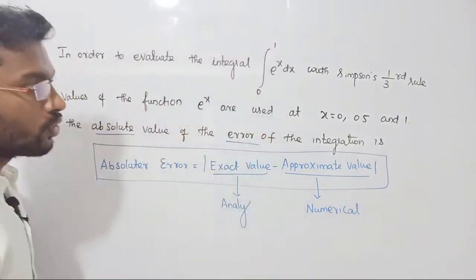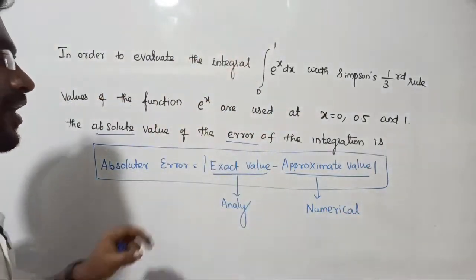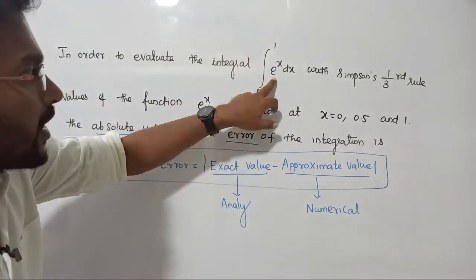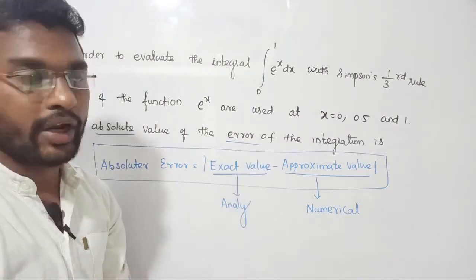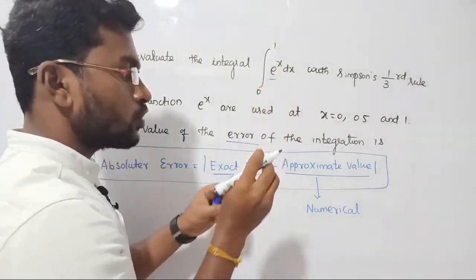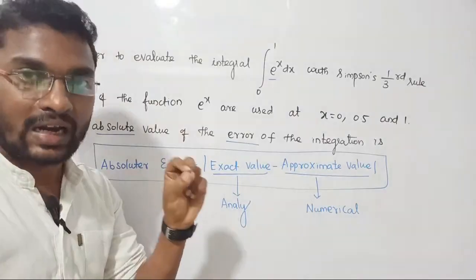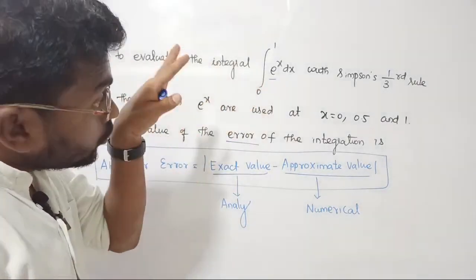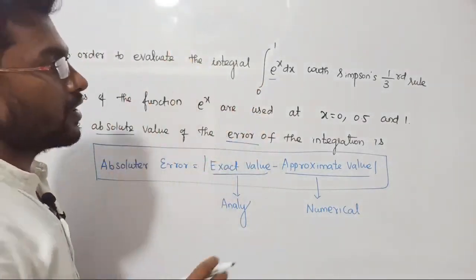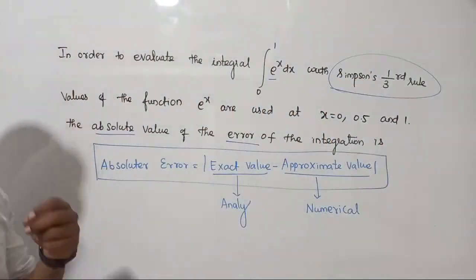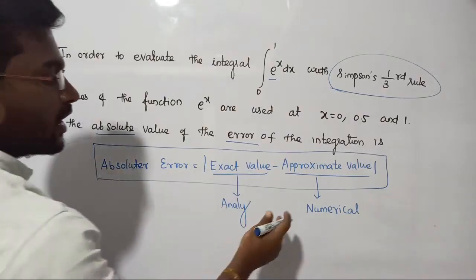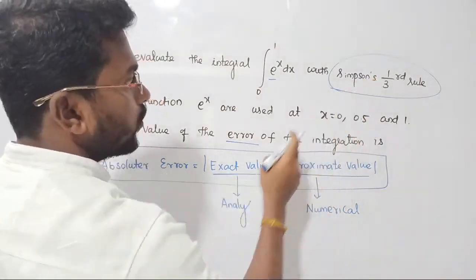Now what I have to do, this integration can be evaluated in two ways. See, this is normal integration. When we integrate e power x, e power x comes, we all know, right? So this function can be integrated with the normal method, that is the analytical method. This function can also be evaluated with the help of the numerical method, that is Simpson 1/3 rule, which they have given. So in numerical we use this method to find the answer.